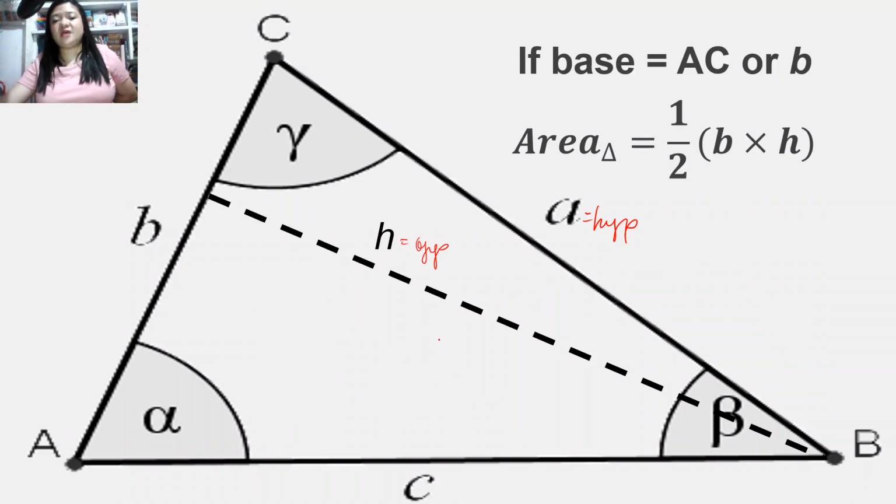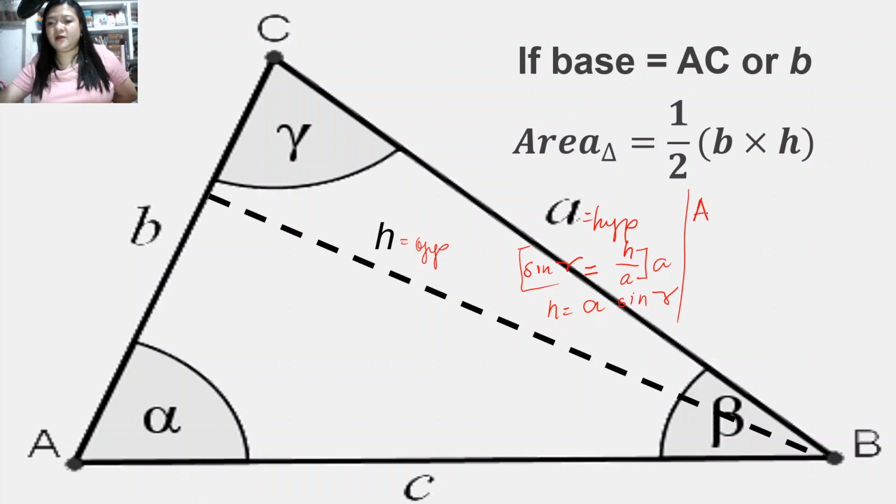Okay, so since the hypotenuse and the opposite side are the ones given, we will again use the sine function. So, sine gamma is equal to the opposite side, which is H, and the hypotenuse, which is A. Multiply both sides by A to get the value of H. Therefore, H here is equal to A times sine gamma.